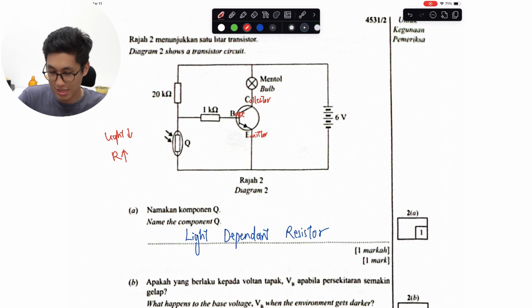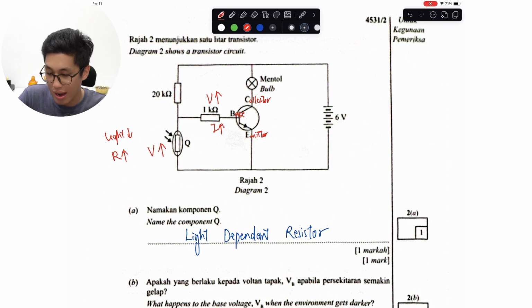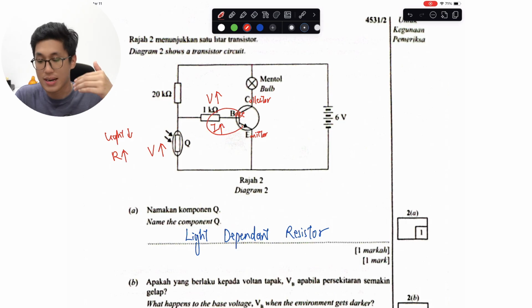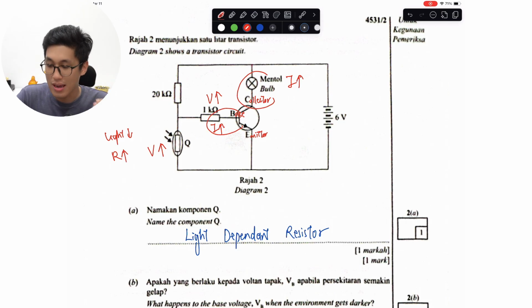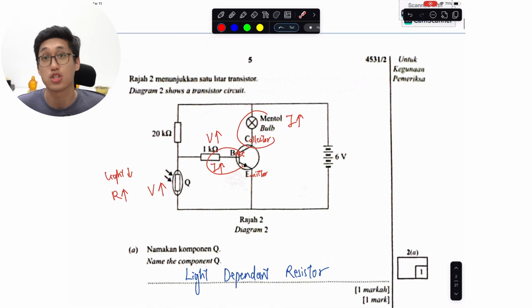So we can say the voltage down here will be very high. That means this base voltage is also very high. Remember, he just copied whoever is at the bottom. When the base voltage is very high, the base current is also very high. When the base current is very high, the collector current will also be high and your light turns on. That's how the automatic circuit works. So when it's dark, the light turns on.